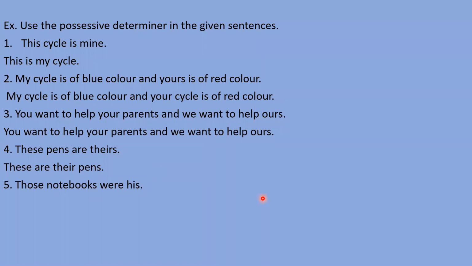Sneha, please tell me. The correct answer is those were his notebooks. Yes, right answer, good answer. So in this way, we need to use possessive determiners or possessive adjectives, right?